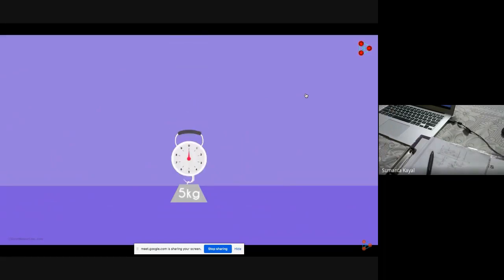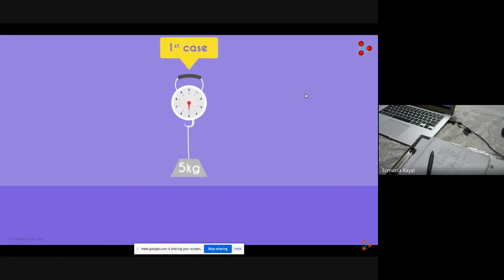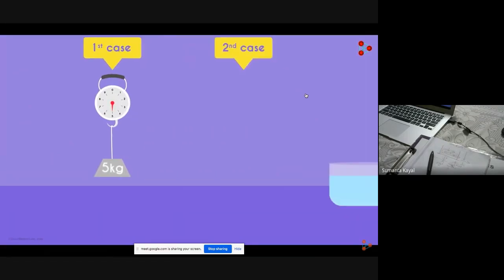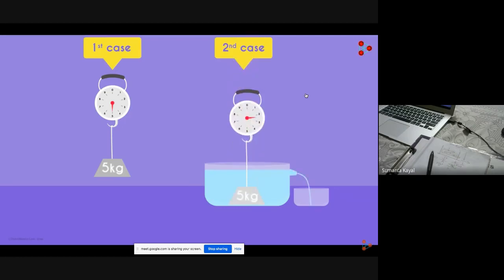You see, this is a 5 kg weight they are measuring, and you have also experienced, in the bathtub or in the swimming pool, that you feel lighter. The same thing we are measuring here. If you dip the same 5 kg here, you see the measurement coming to somewhere around 2 kg, and the water will of course come out because this object is occupying that space.